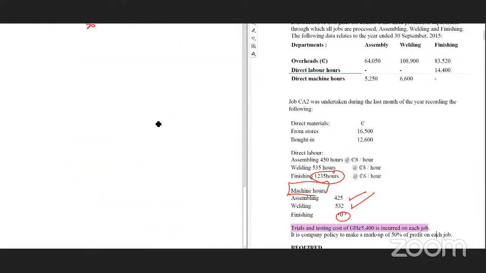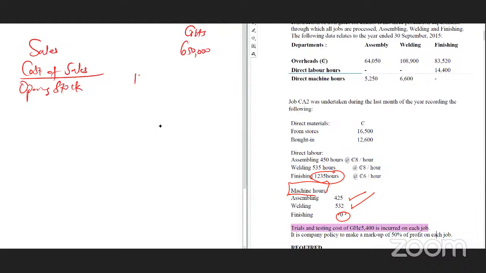So now they said we should extract the income statement. So here lies the case. I already know sales now to be 650,000. Now I less cost of sales. So my cost of sales, I have opening stock, which the company says they have, of 150,000.